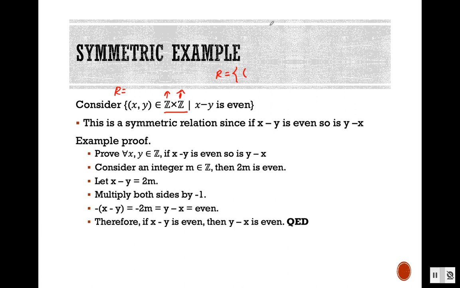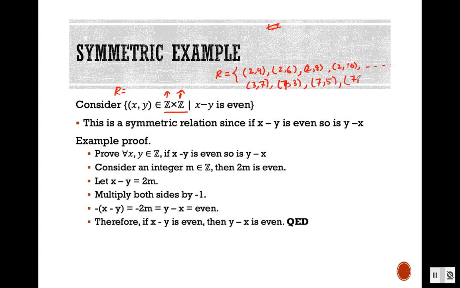So let's see (2, 4), (2, 6), (2, 8), (2, 10), then (3, 7). These are a couple of examples; there could be more, like (7, 3), (7, 5).